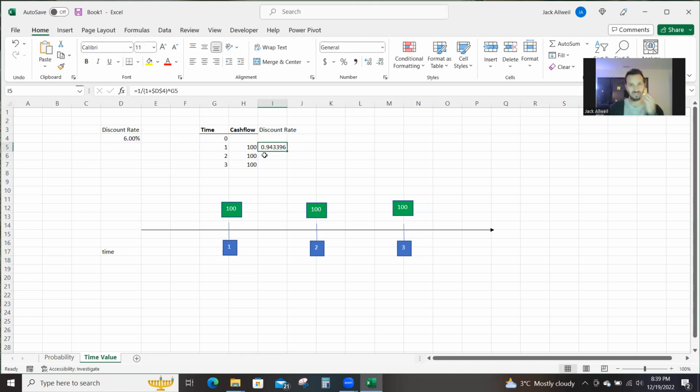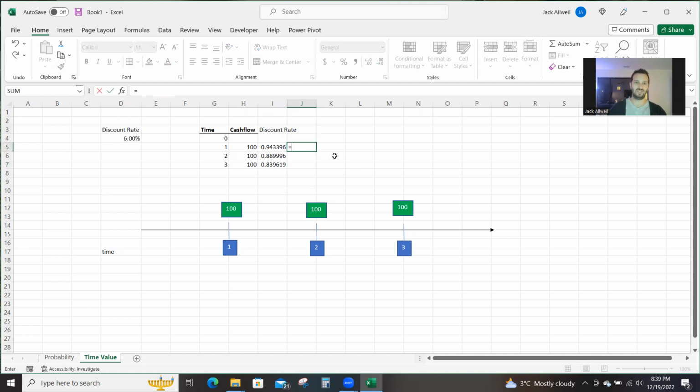So this is basically saying if we just wanted $1 in a year invested at 6%, we would need about 94.3 cents to get $1. But what if we wanted $1 in 2 years? What would we have to invest today? Well, we'd only need about 89 cents for that dollar in 2 years, and we need even less in 3 years.